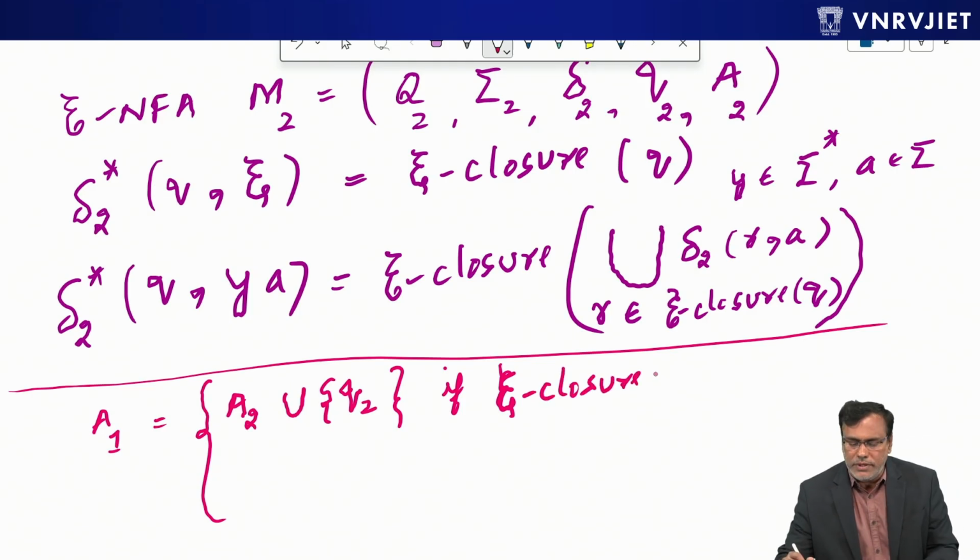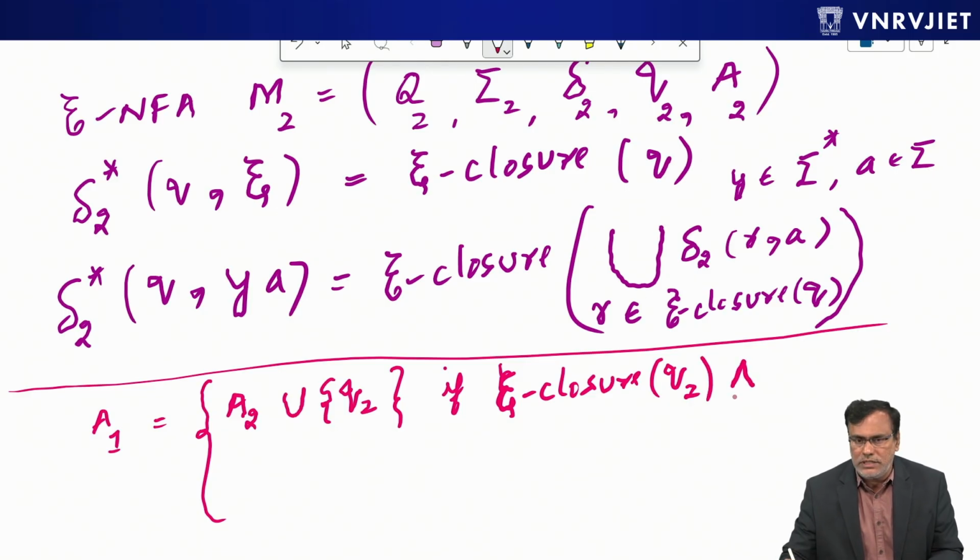Epsilon closure of the start state of epsilon NFA, that is q2, intersection A2. You know A2 is the set of final states of this epsilon NFA.